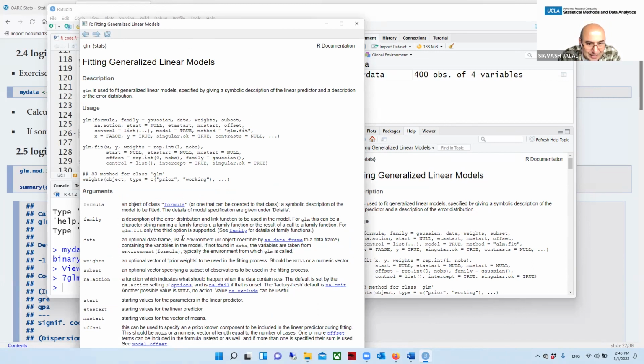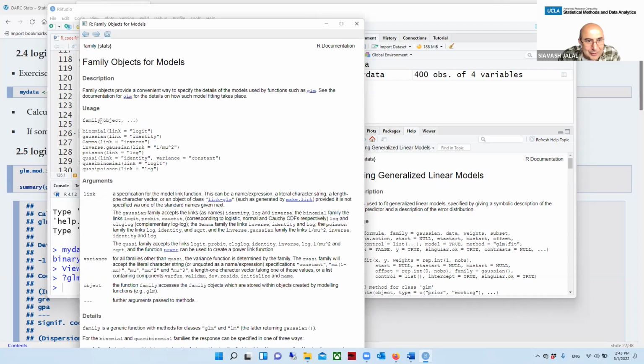Under family, somewhere you should see the link function. And then you click on the family, and you will see, here, binomial link, right? Gaussian link identity. These are the defaults. Gamma link is inverse.